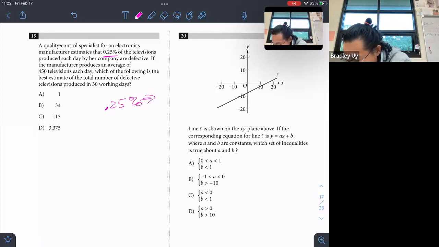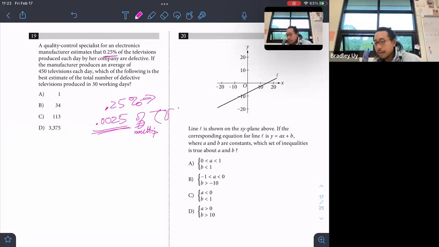Converted to a decimal, this is equivalent to 0.0025. 0.0025 of, that's multiplication, all TVs would give you the defective number. So if you simply calculate all the number of TVs produced and multiply it by 0.0025, we will find out how many were defective, okay?